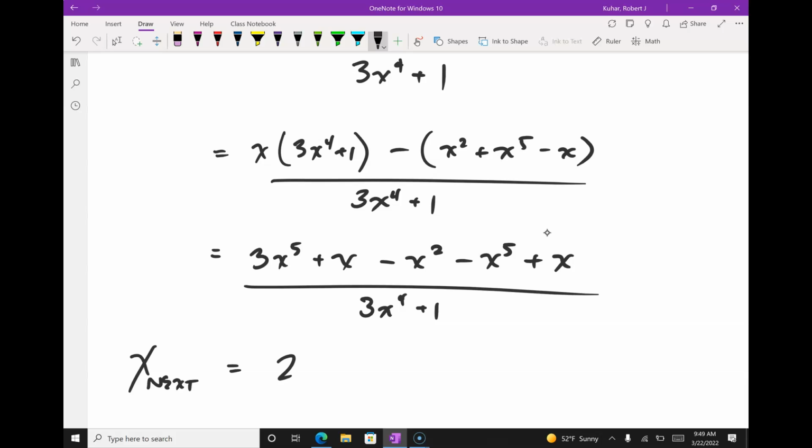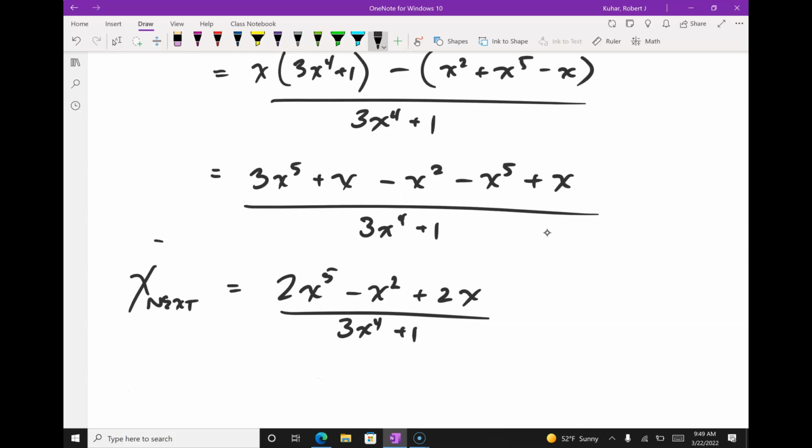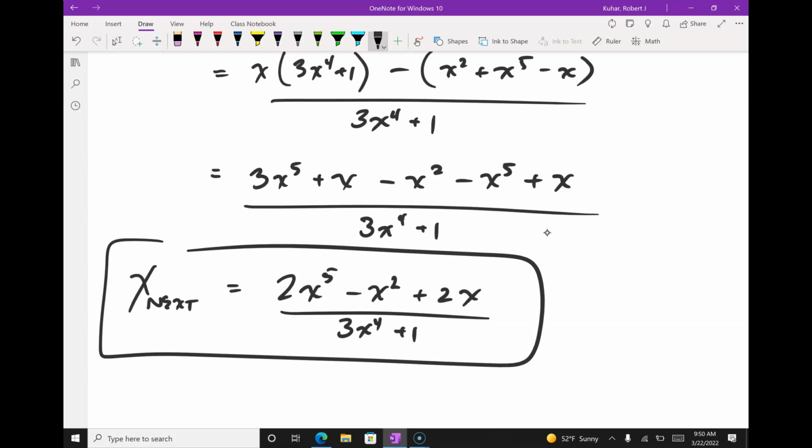It looks like 2x to the fifth minus x squared plus 2x all over 3x to the fourth plus 1. Anyone else get the same answer? I really want to double check this because I'm worried about doing what I'm going to do in Excel with the wrong formula. Anyone else get the same answer? Yes, thank you.